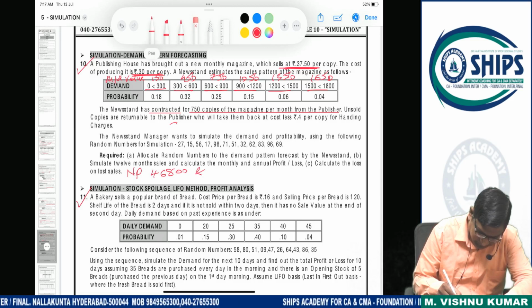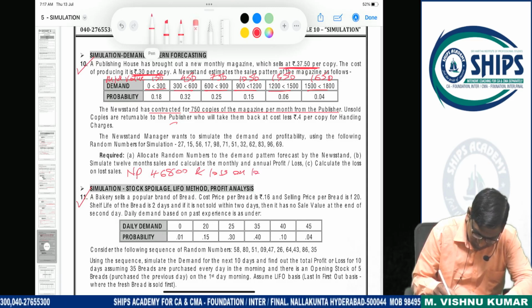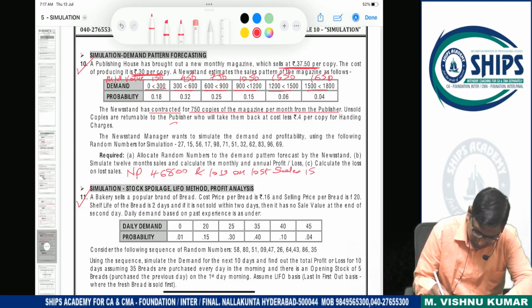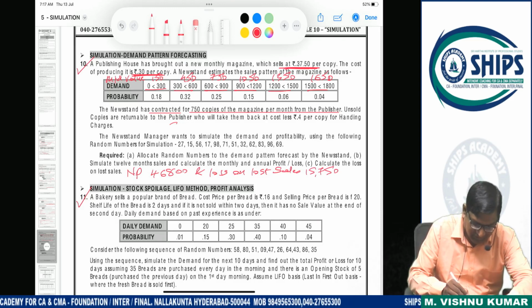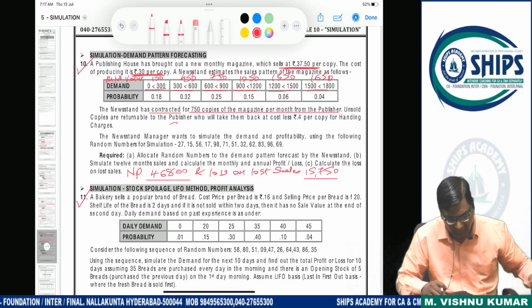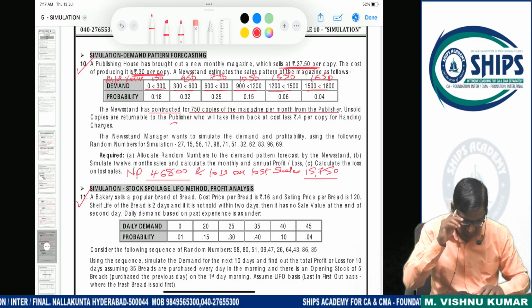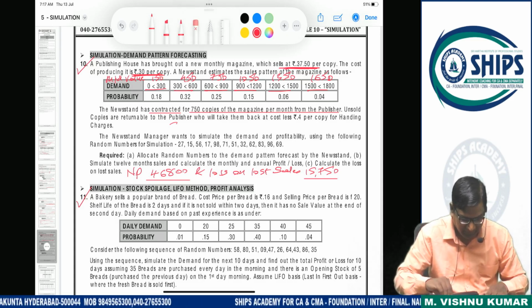And loss on sales lost or lost sales, this is 15,750. So these two separate answers are required. So note this and check again. If you are not getting the answer, then message. I will solve and I will send in the group. Okay, right.